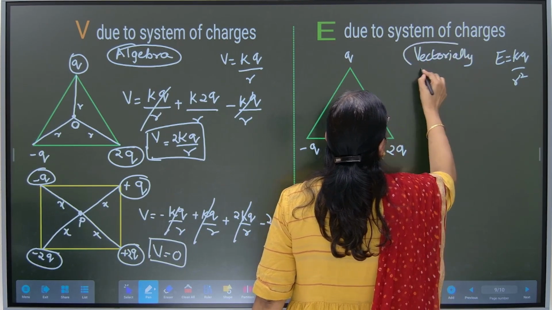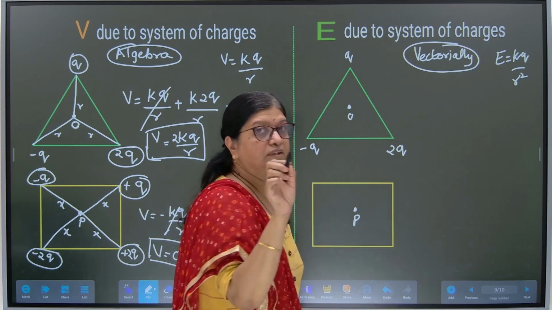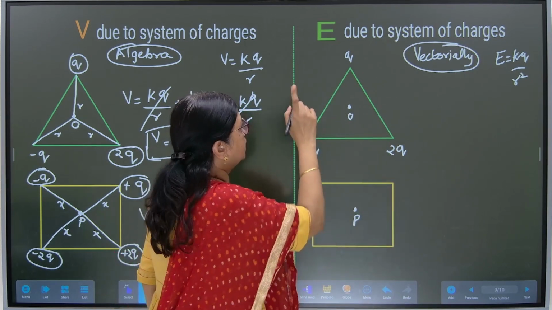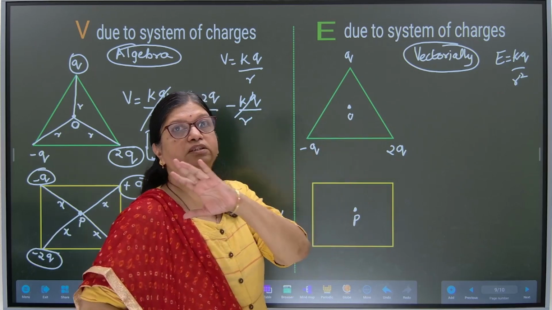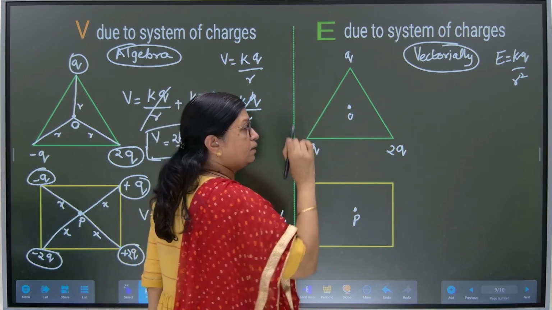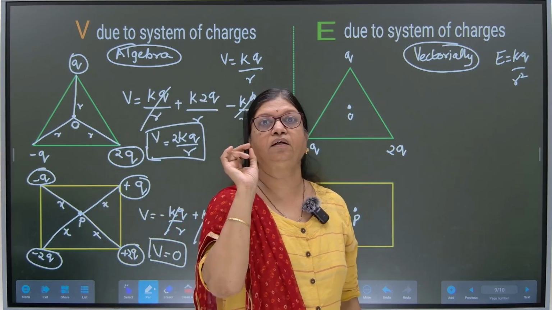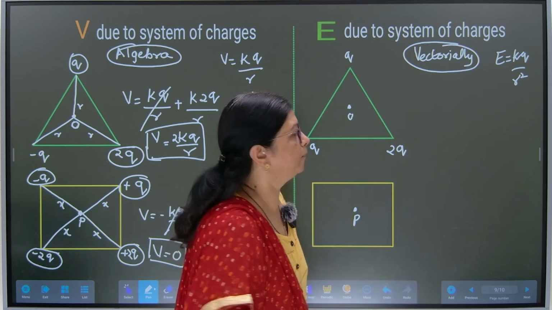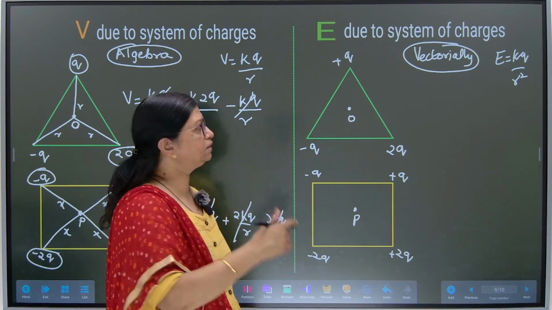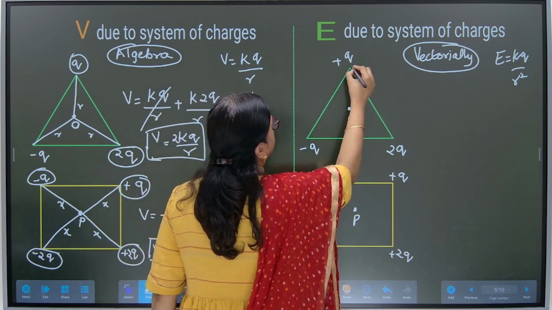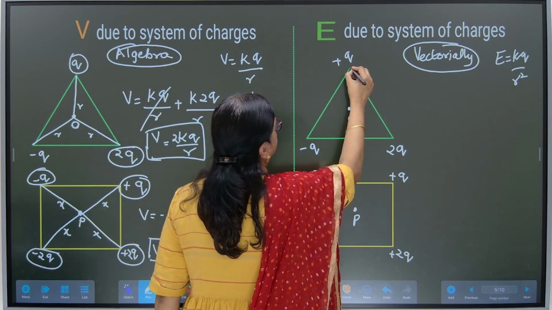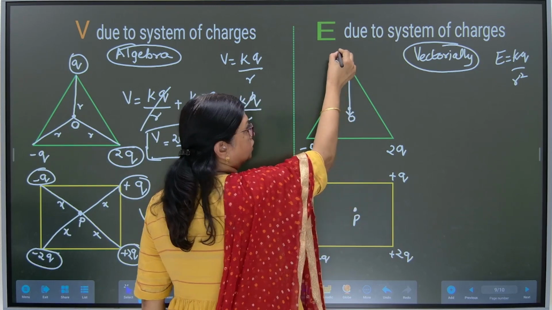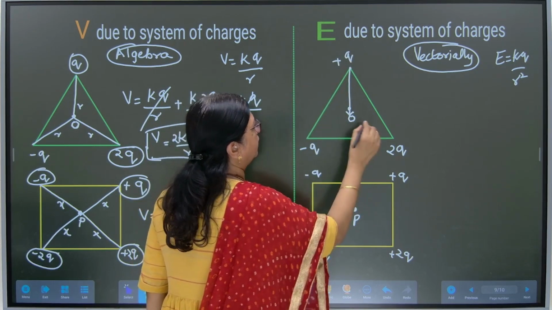So first I have to find out the direction of the electric field from the respective charge towards the point. Let us start our work. This I have explained even in the video of chapter number 1, which I am repeating here. Let us begin to draw the direction of the electric field from plus Q towards O. As we know, from a positive charge towards the point, go straight downwards.